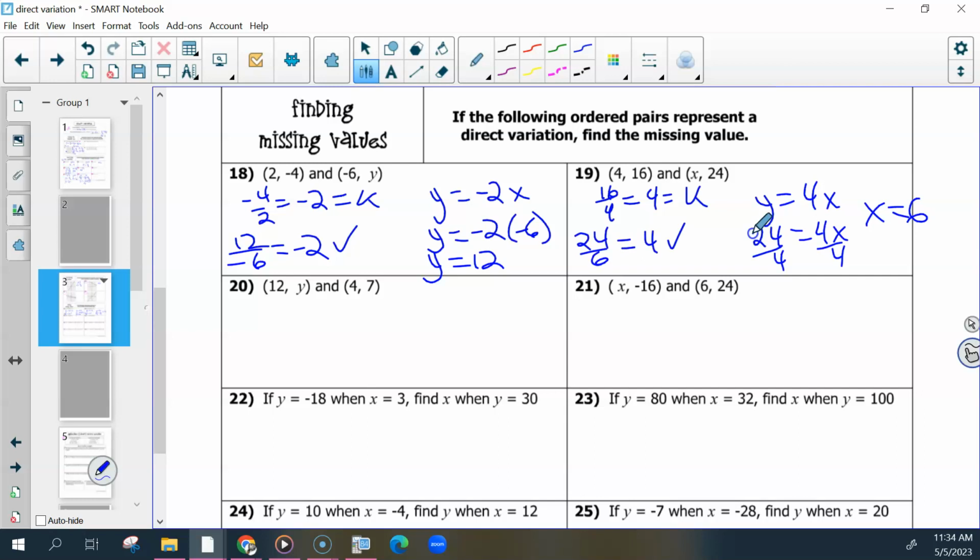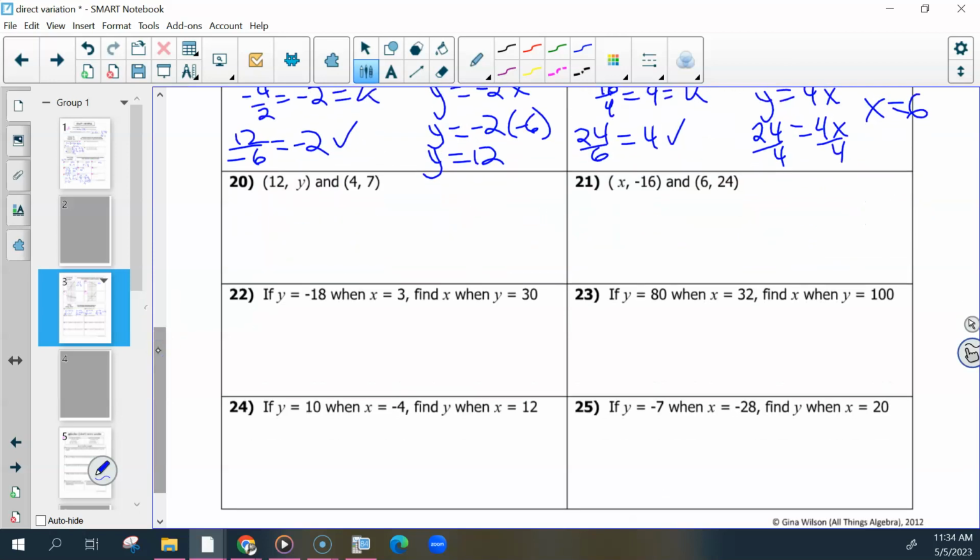22 through 25 are really the same problems, they just have more words. So if we were doing 22, you would still divide these first two. What would your equation be?